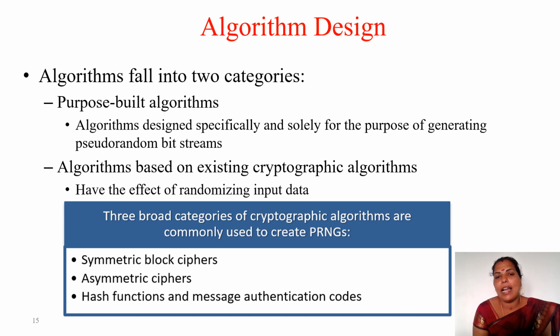Then we are also having algorithms based on existing cryptographic algorithms, that is cryptographic algorithms commonly used to create pseudo random number generators include symmetric block ciphers, asymmetric block ciphers, then hash functions and message authentication codes. All these cryptographic algorithms, later on we will be discussing. So at that time you will understand how these algorithms are generating pseudo random numbers.